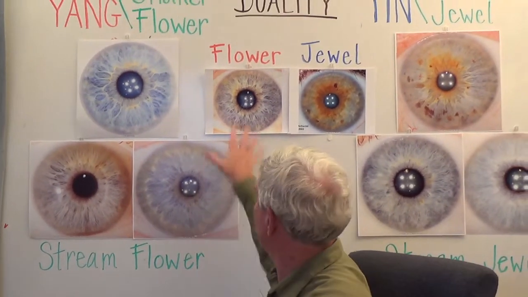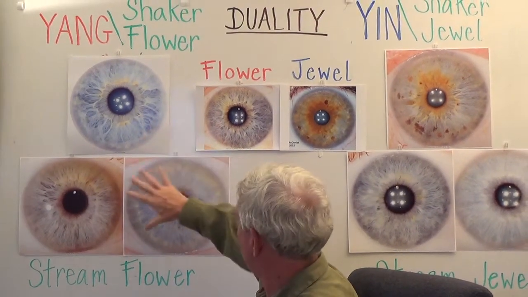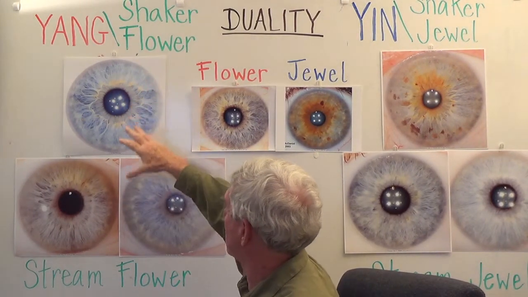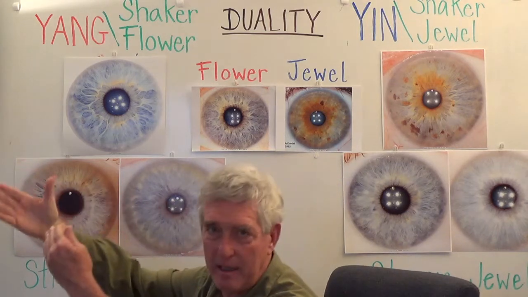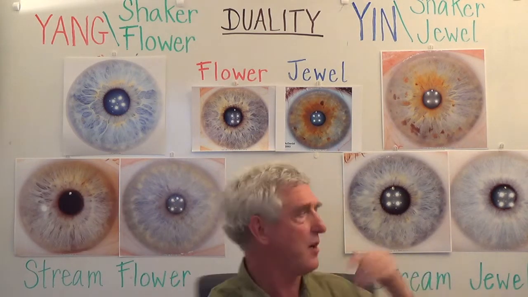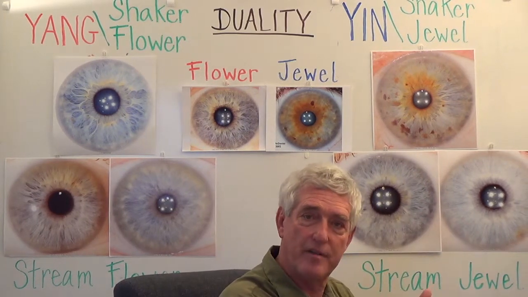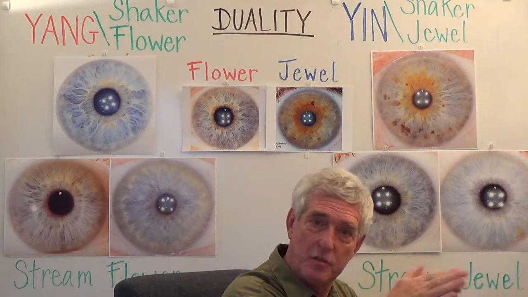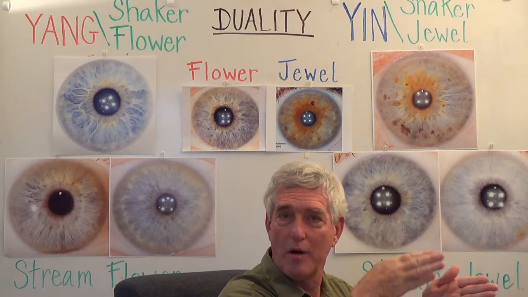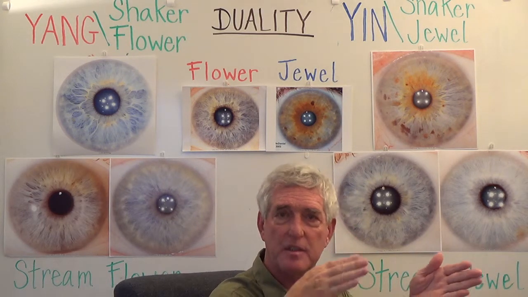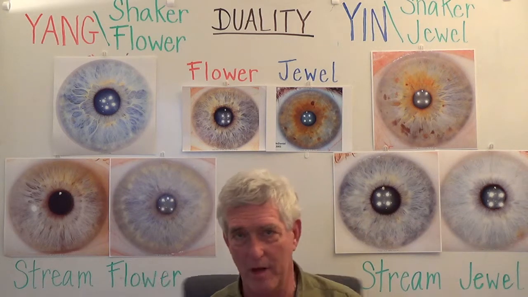And there's an infinite number of the ways that these two types fit together. So we call the shaker flower, it's a dynamic expansive. The shaker jewel is a dynamic constrictive, which means their tendency to be more rapid or more intense or more piercing when it comes to the experience to seek in some form or another.